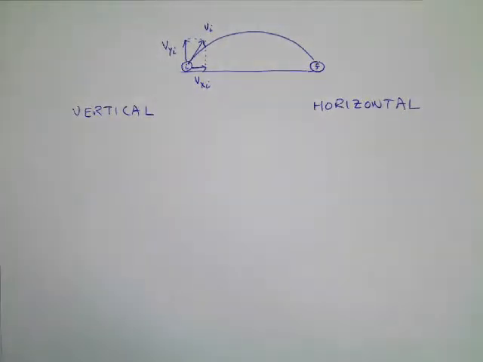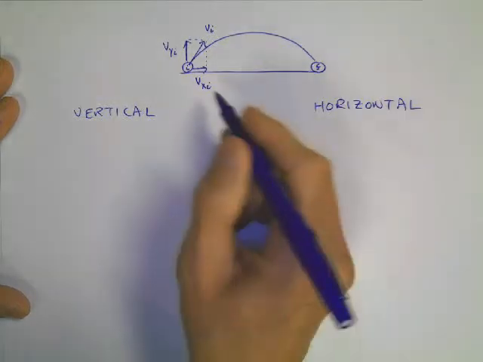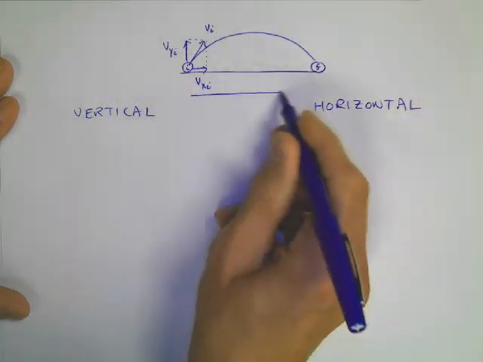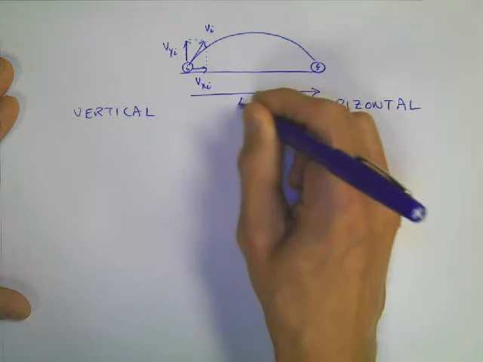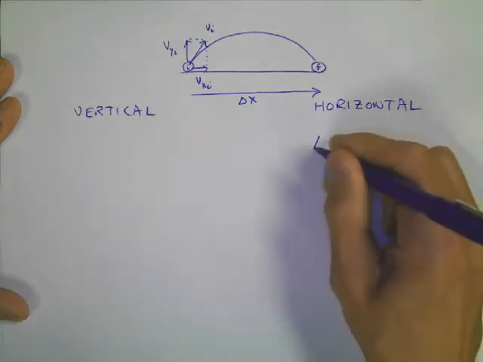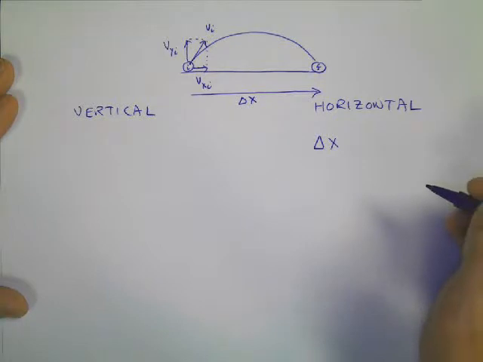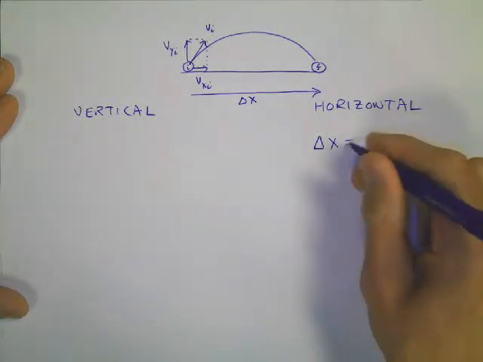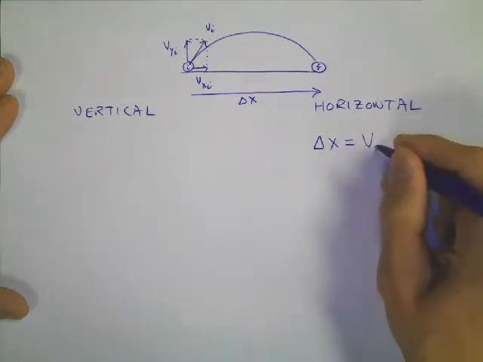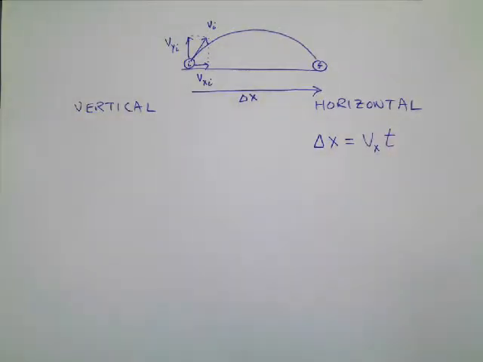And again, my goal is to come up with one equation that allows me to determine the range. And I hope you can see that range is a horizontal quantity. So I'm really trying to get my delta x. That's going to be equal to the x component of the velocity times the time.